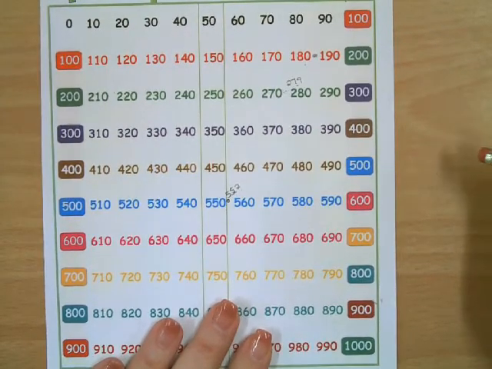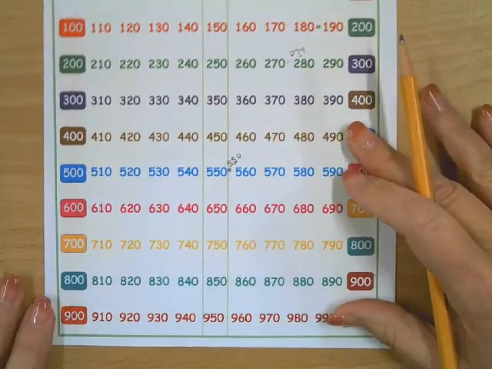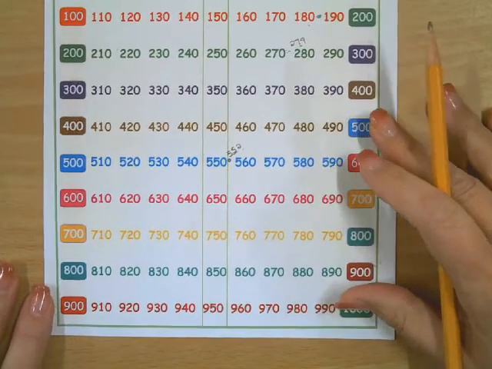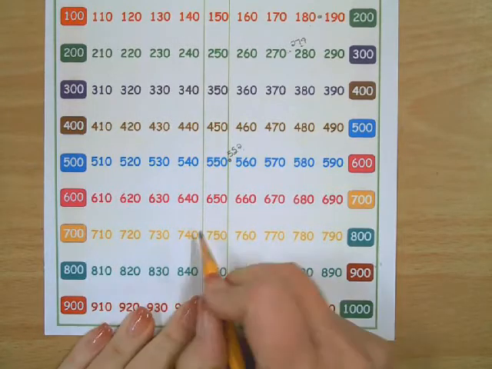Okay? Okay, Anastasia? The next one is 741. We want to locate 741 on our chart, our multiples of 10 chart. 741. Where's that going to be? Okay, so you're saying it's right about here.